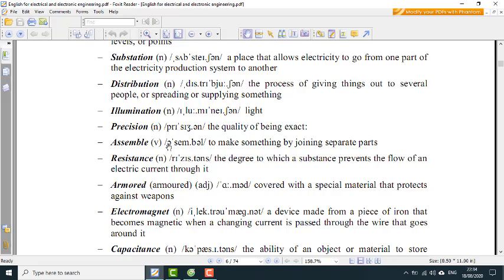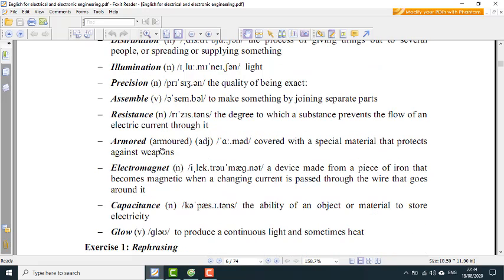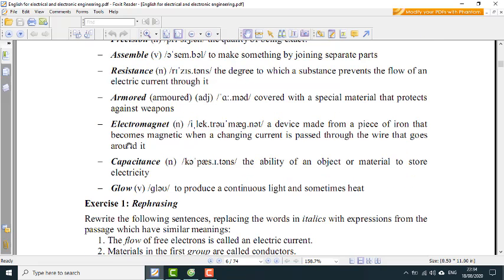Armored means covered with a special material that protects against weapons. Electromagnet. Electromagnet is a device made from a piece of iron that becomes magnetic when a current is passed through the wire that goes around it. Capacitance. Capacitance means the ability of an object or material to store electricity. Glow. Glow means to produce a continuous light and sometimes heat.